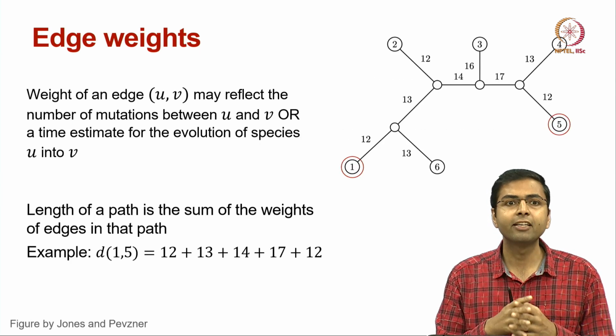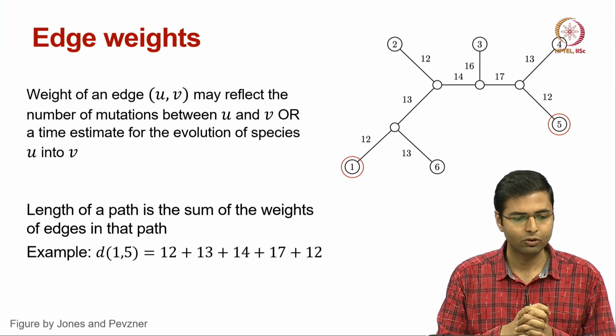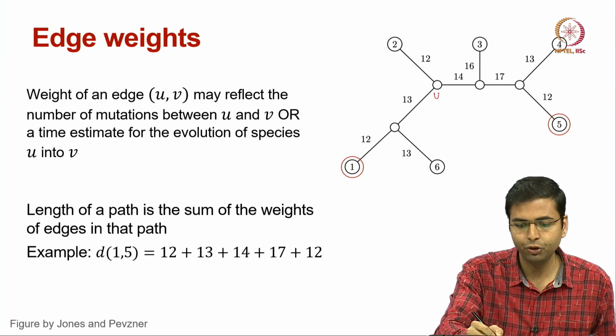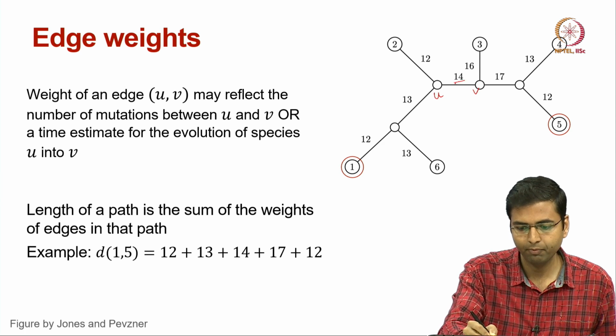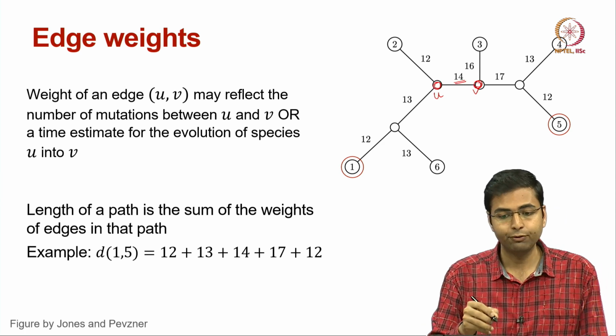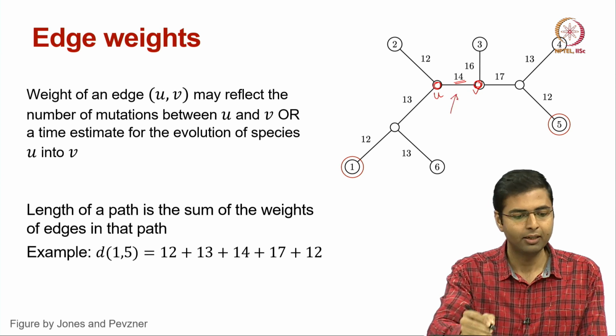In a phylogenetic tree, we also have edge weights. Let us say a weight of an edge u v. In this case, it is 14 for this particular example.